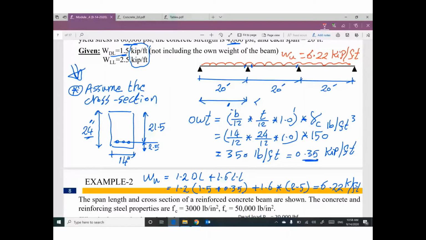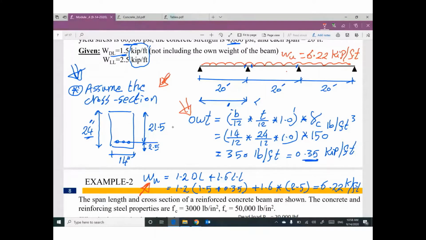We learned how to figure out or assume the cross-section dimension, how to calculate the own weight, how to combine dead load plus live load and take the factor of safety. Now we have a beam with uniform distributed load, 6.22 kips per foot.